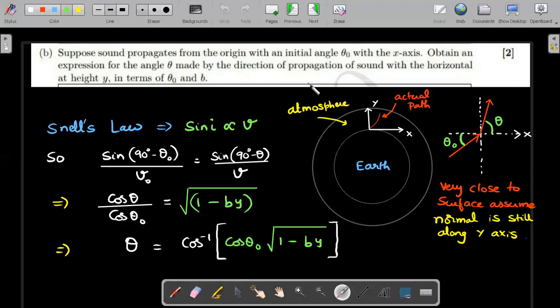He wanted theta in terms of y, so he expects you to write this expression in the final answer paper. PHO people are very, very strict with your final answer, so you can't leave it in this format. To get the full points allotted to the question, you need to go with this expression: cos inverse of cos theta naught, remember cos theta naught is a constant, times the square root of this function. So that gives you question number 2.